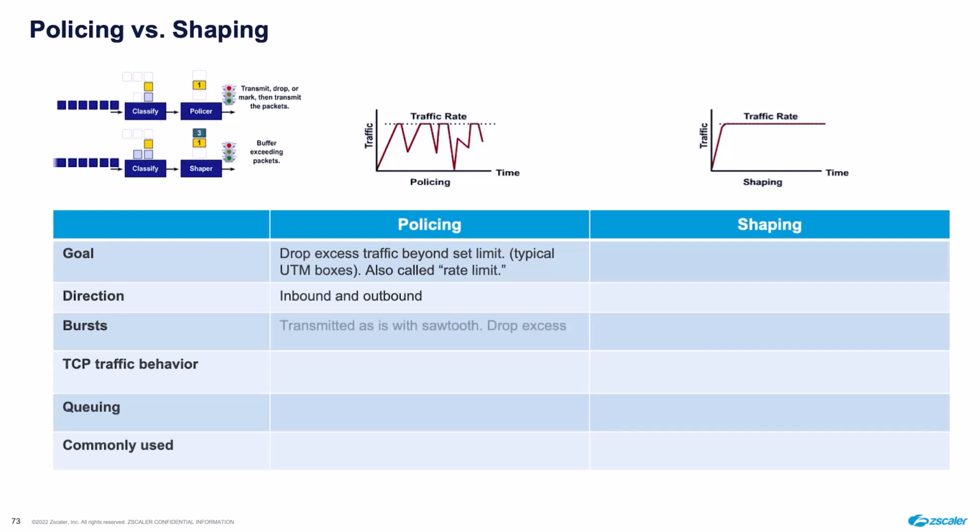That means you drop all the excess packets which go over a certain threshold and you smooth the traffic out. From a TCP behavior perspective, the drops cause TCP retransmissions, and you would effectively see things like your YouTube video doing resets, or you would see some choppiness in the video, pauses, and so on and so forth. And there is no queuing performed in policing. It's strictly about whether packets hit a certain threshold; you drop them or not.